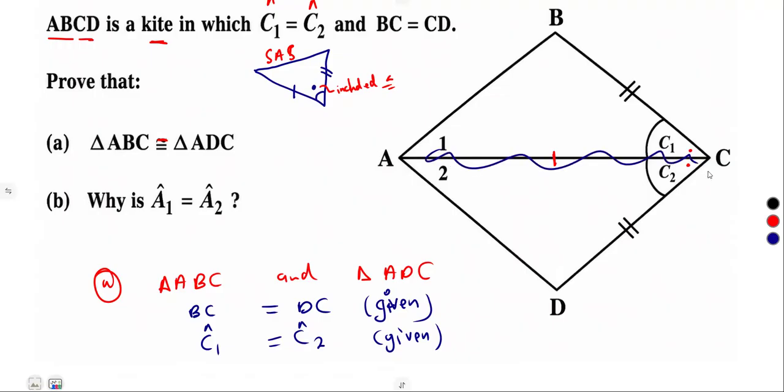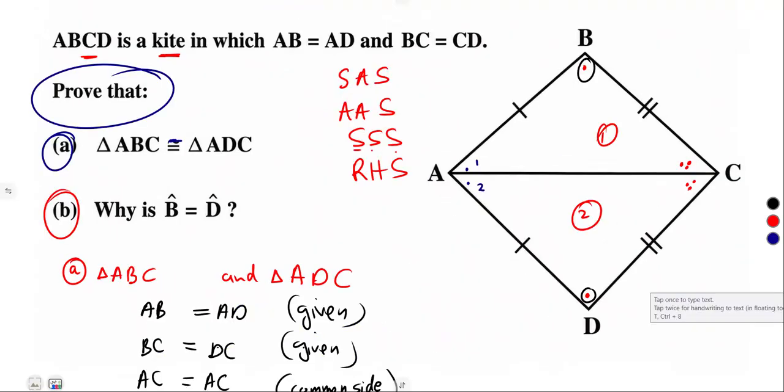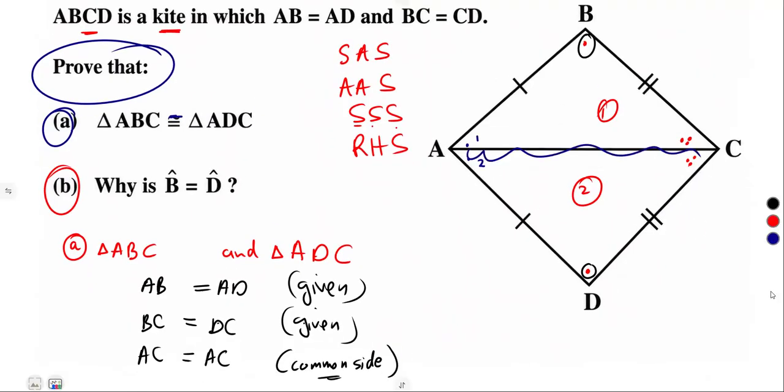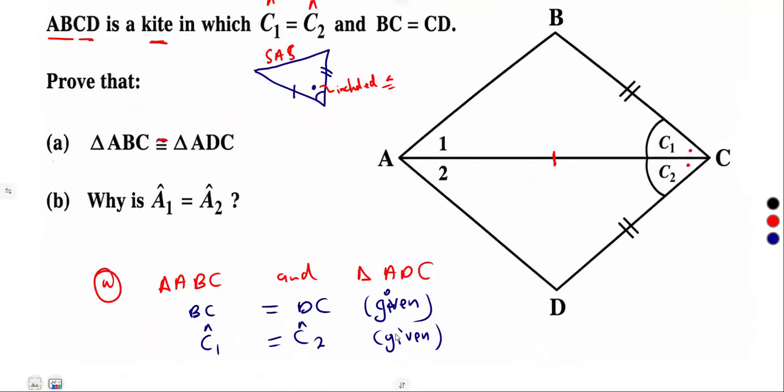Yes, AC is the common line. We had that even in our previous question, AC and AC, that's the common side. So we can consider that AC is equal to AC, a common side for both triangles.